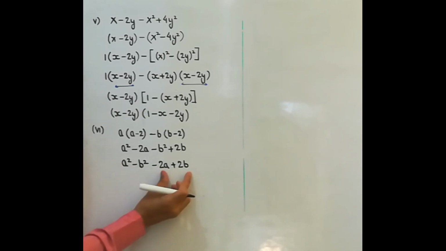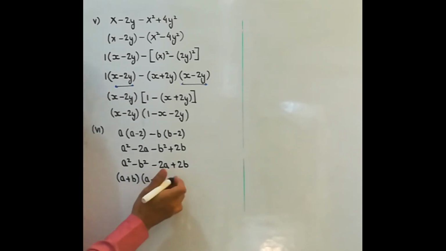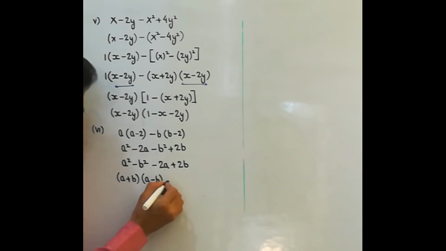This group and this. Now in this group we are not finding anything common. Straight away we can apply the formula for the difference of 2 squares. So this group can be written as a plus b into a minus b. Whereas in this group, see, this group is starting with minus.